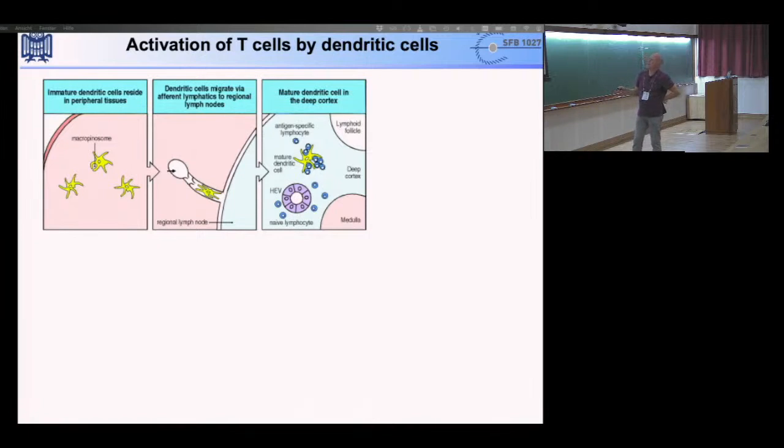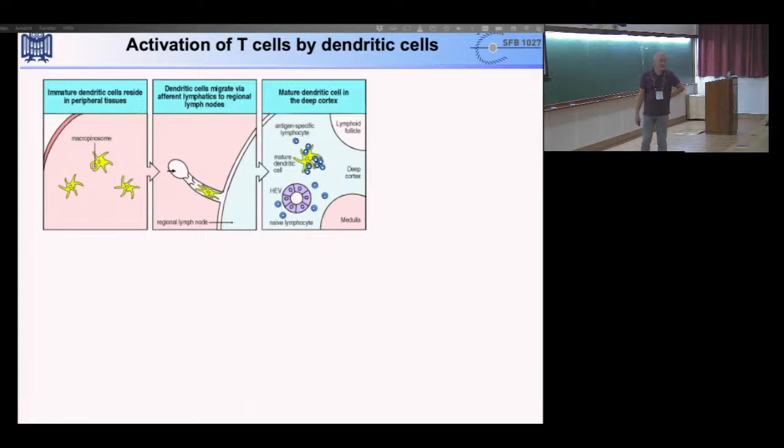With that, they go to the lymph nodes, and they present this piece of foreign material, this peptide, which nowhere in your body occurs, and there will be some T cell which can actually recognize that.